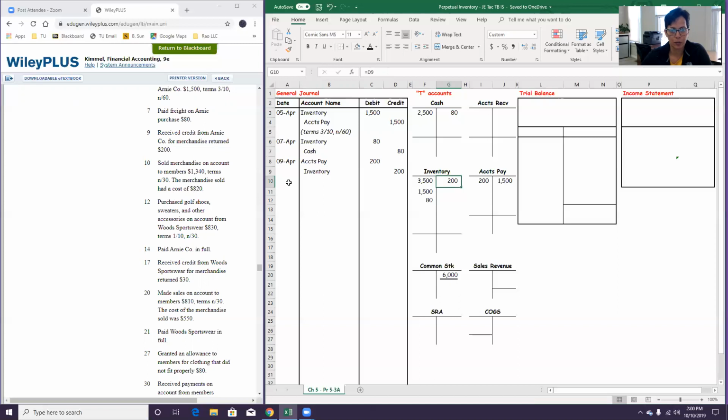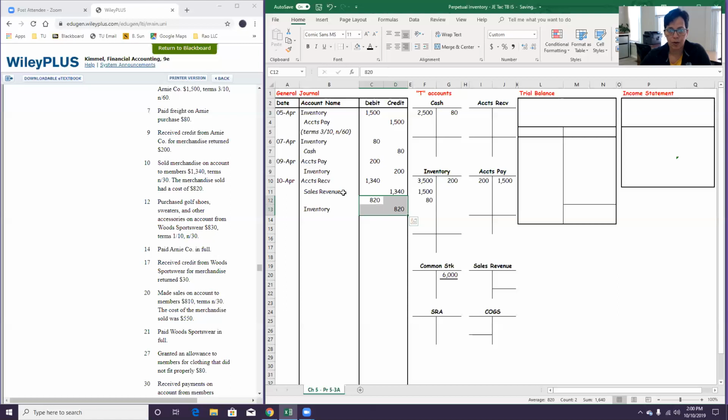So let's first do the first part of the journal entry. My first journal entry is going to be accounts receivable debit, sales credit, and that's for $1,340. The second journal entry I'm going to do is to show that I have now given up inventory. The inventory that I gave up is $820.